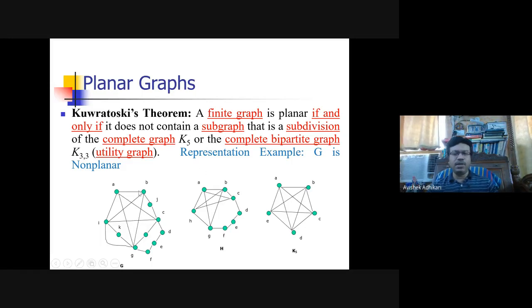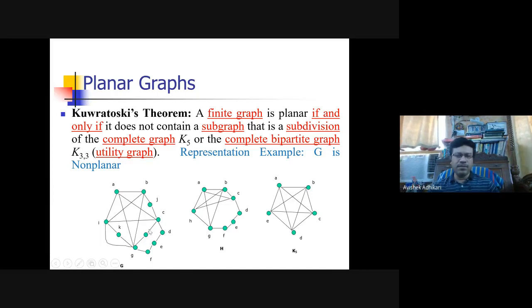For example, suppose I have initially this graph. Okay. So it looks like, say, 1, 2, 3, 4, 5. It looks like K5. But you can understand that this is not exactly K5, but a homeomorphic graph of K5.